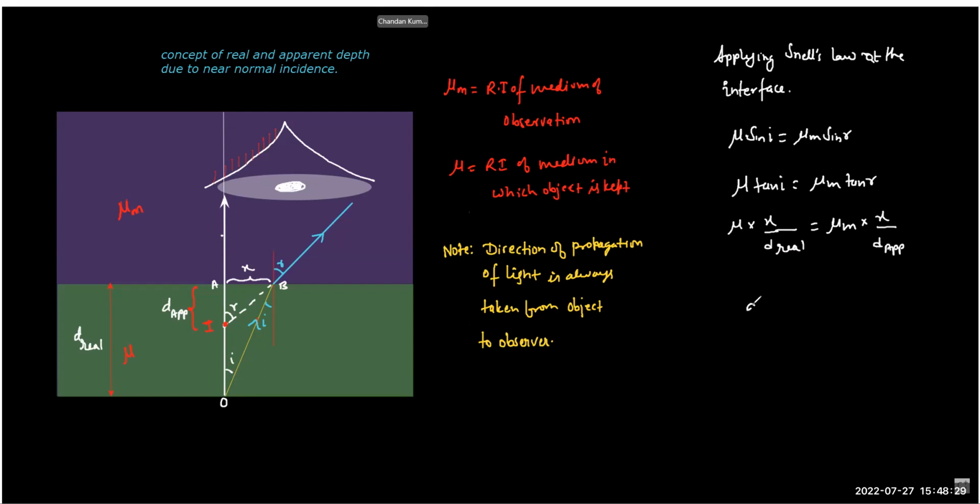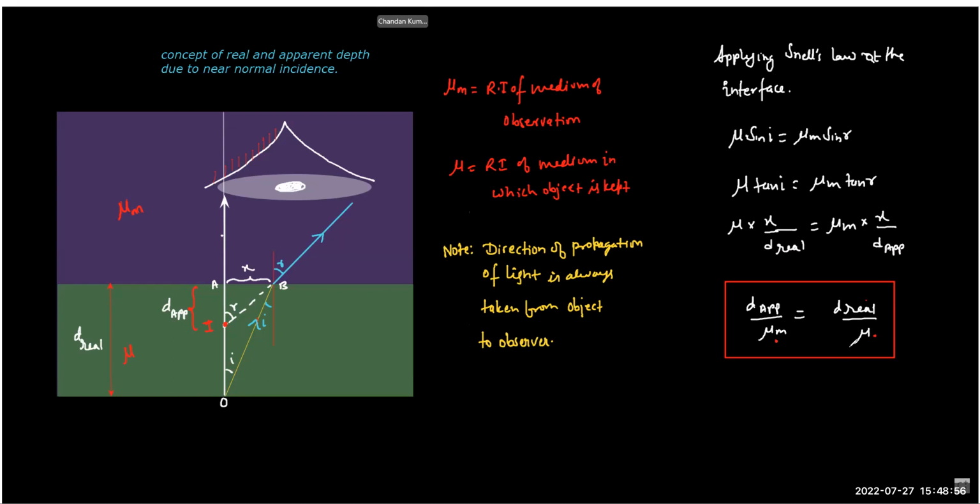So what you can see is that D apparent upon mu medium, I'm just inverting it, is D real upon mu. So this is easy to remember. The apparent is with respect to what? The apparent is with respect to the medium, and the real is with respect to its own medium. So the ratio remains the same.